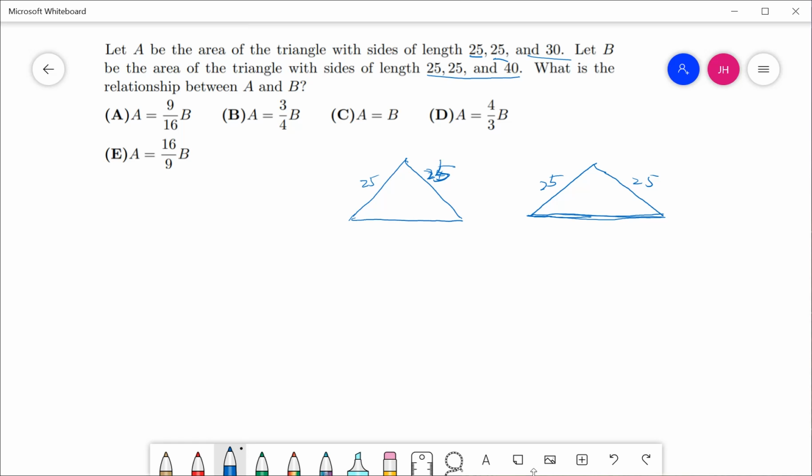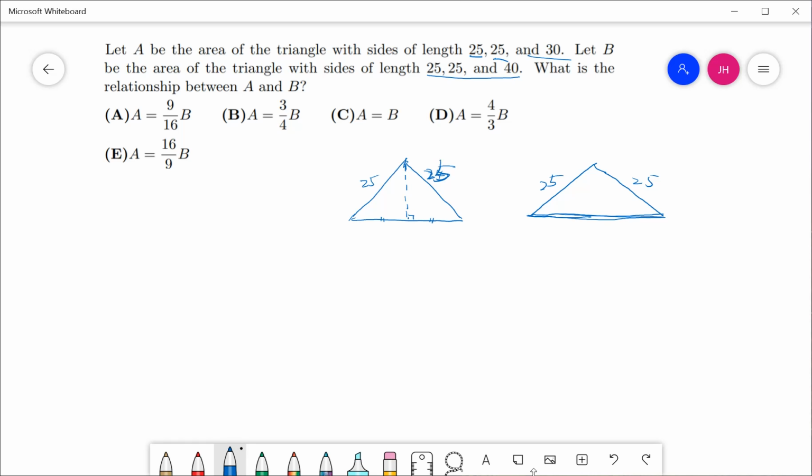Okay, in order to calculate A and B, the areas of these triangles, we need to find their height. So let's draw the height of the first triangle. Since it is isosceles, the height also bisects this side.